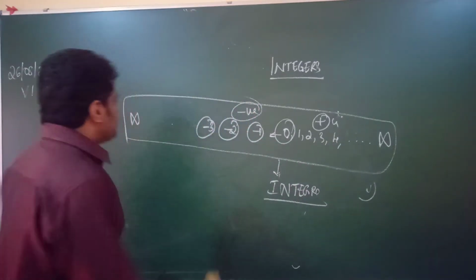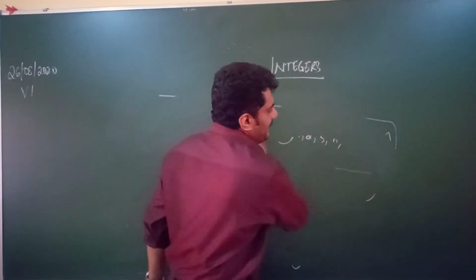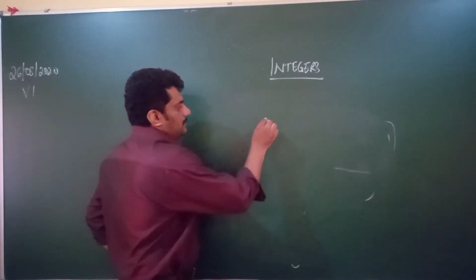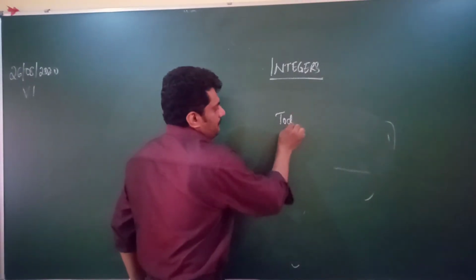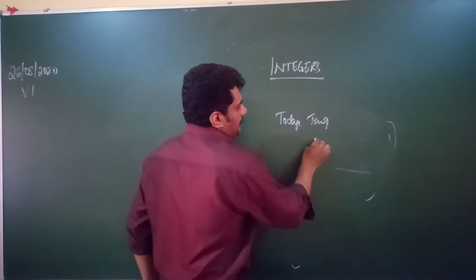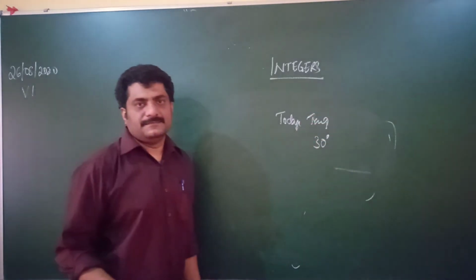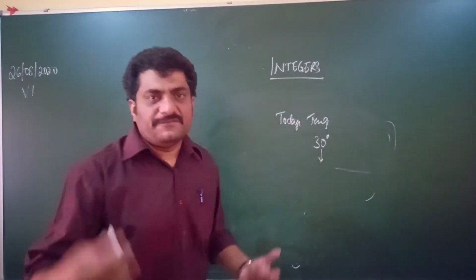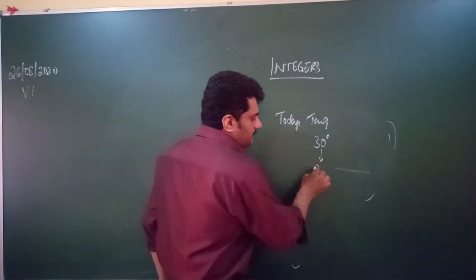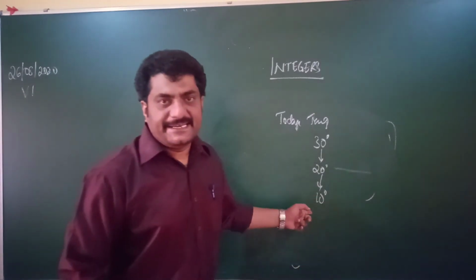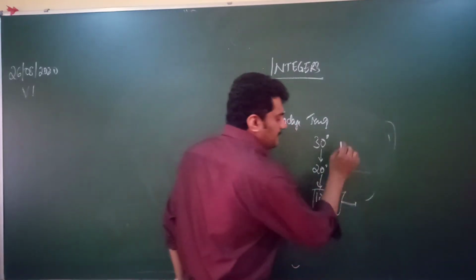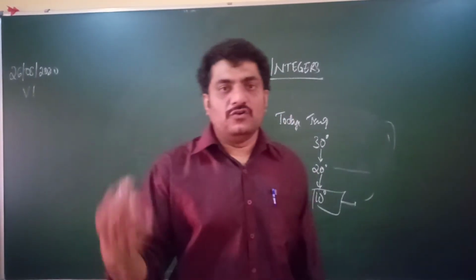Now, do we use all these negative numbers in our daily life? Let's take some more examples. For example, today's temperature is 30 degrees. If this decreases, if it is colder, it will come to 20 degrees, then more cold, 10 degrees. You will find such chilled degrees in the North Indian part, with all those hilly stations.